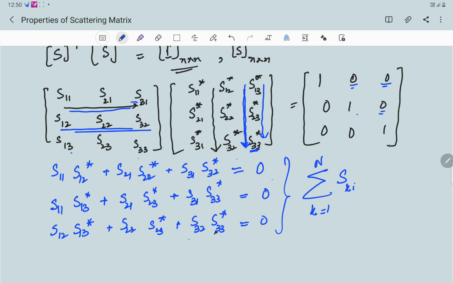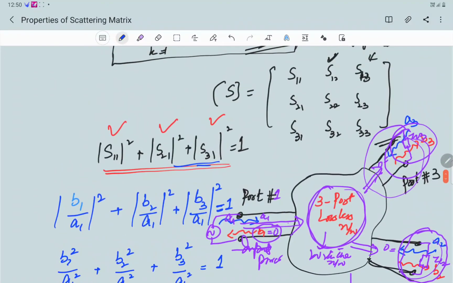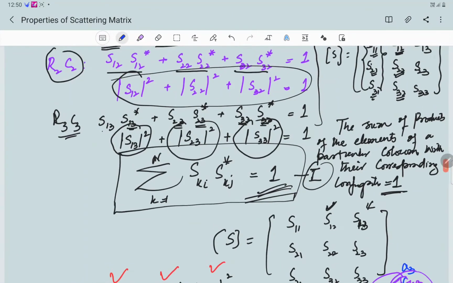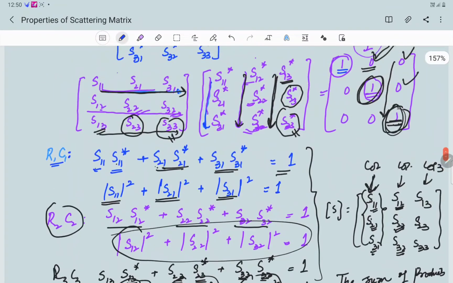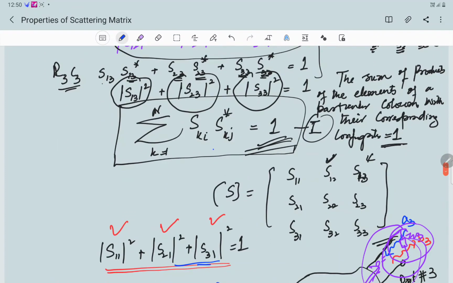Ski, Skj conjugate, the first element and the conjugate of the second element, has to be 0 when i is not equal to j. Now, as I said earlier, this has to be 1 because I am multiplying row 1 with column 1 to get this diagonal, row 2 with column 2. In this case, when I write this equation, I have to write i is equal to j.